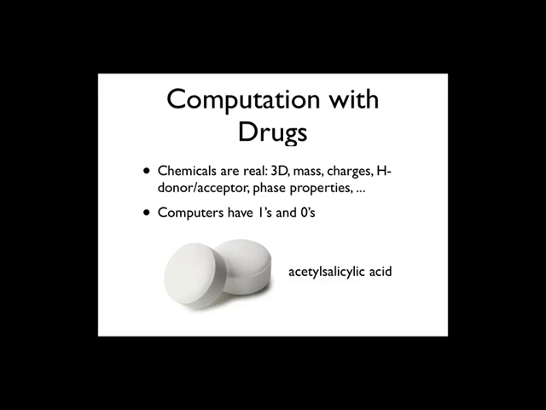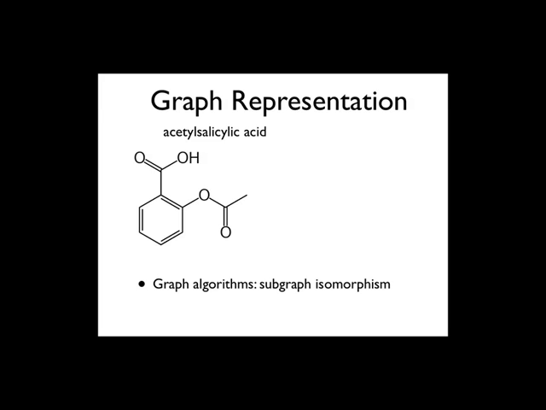So, for example, here's a picture of aspirin, acetylsalicylic acid, and we want to figure out how to manipulate that on a computer. Well, a simple way to do that in 2 dimensions is to use a graph. You can take your chemical, and given what you know about the chemistry, you know that certain atoms are bonded to each other, and you can just draw those connections.